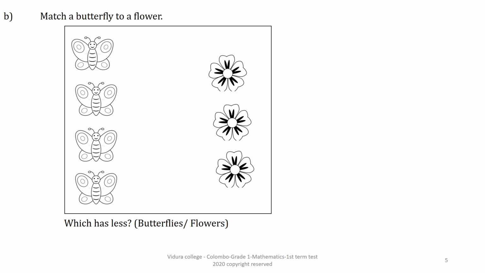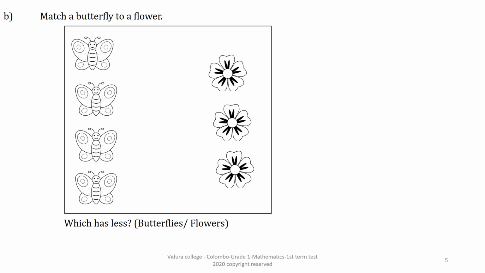Match a butterfly to a flower. Now inside this box, you can see there are some butterflies in one side. And in the other side, there are some flowers. So what you have to do is, you have to match a butterfly to a flower. Shall we start?